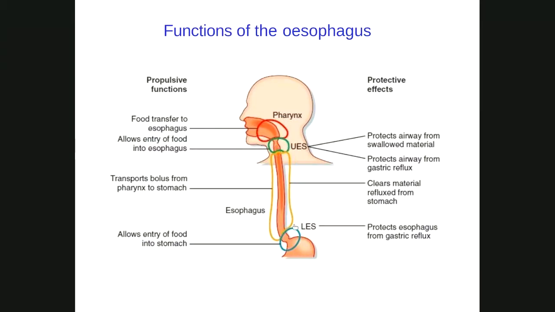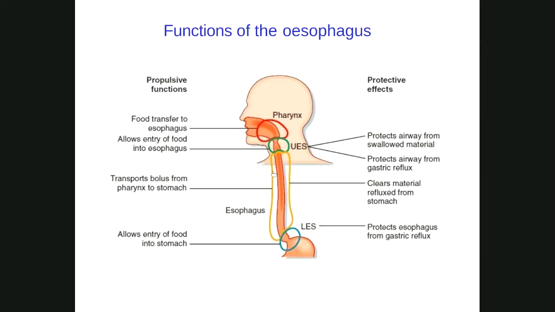While the esophagus itself transports the bolus from the pharynx to the stomach, and also clears the refluxed material from the stomach. So sometimes in vomiting, which is a protective mechanism, the esophagus also helps to reverse the movement of food to move upward to the oral cavity.